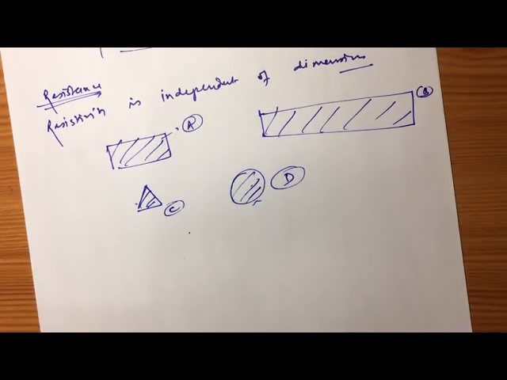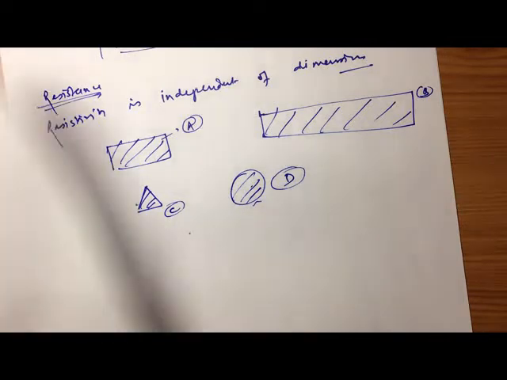Okay, so let me find out that question. Okay, so this is the question. Now we are going to solve the numericals. Okay, and I must insist you to go through this at least.